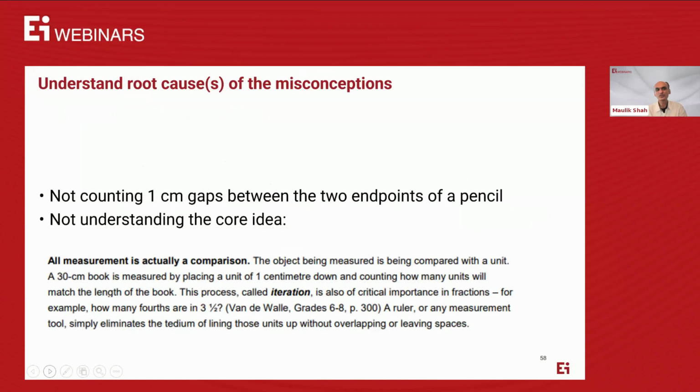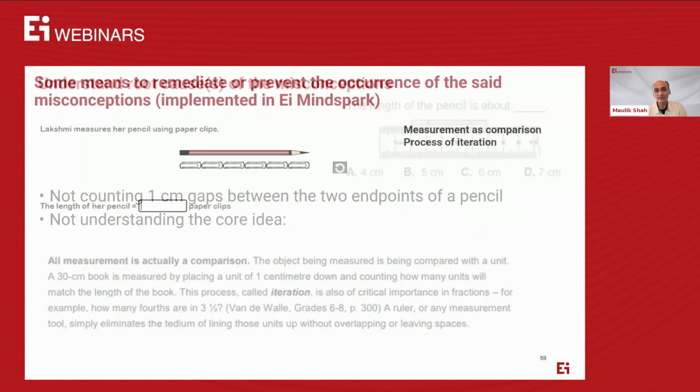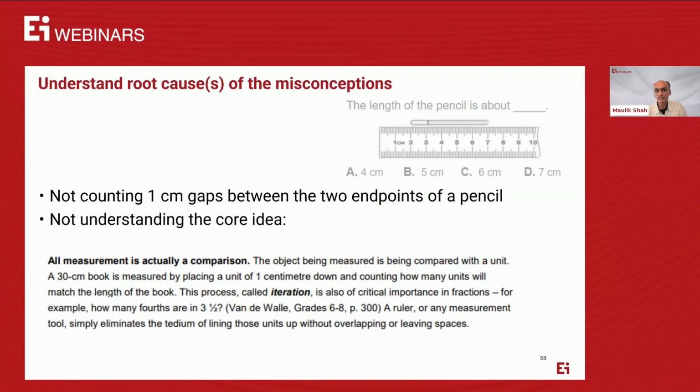For example, in the case of the question on ruler measurement, the underlying root cause is not counting 1 centimeter gaps. Also, they're not understanding the core idea: all measurement is actually a comparison. Comparison with respect to a reference unit, with respect to standard units, right?